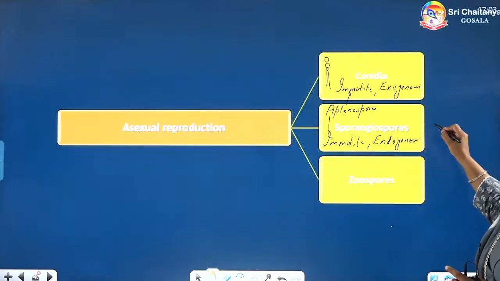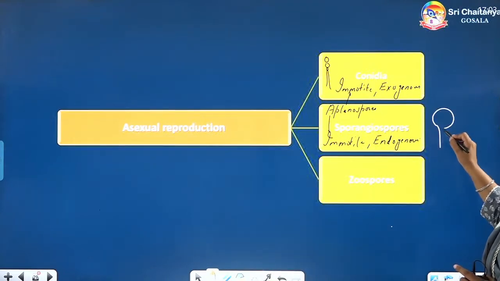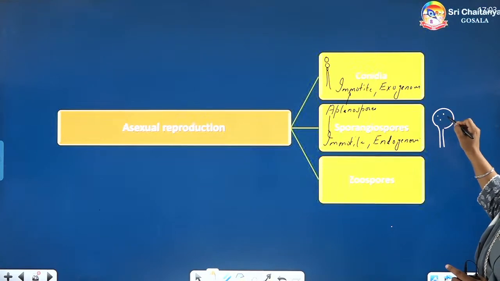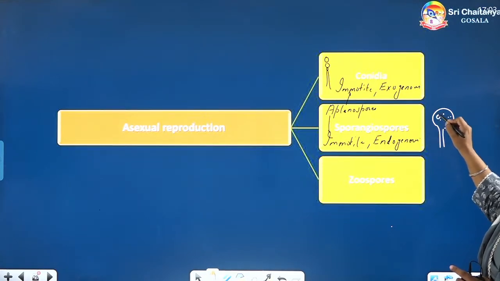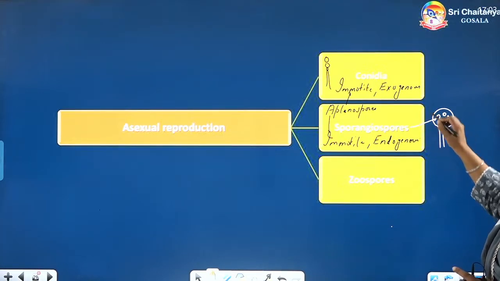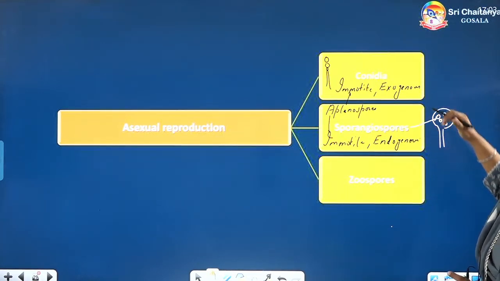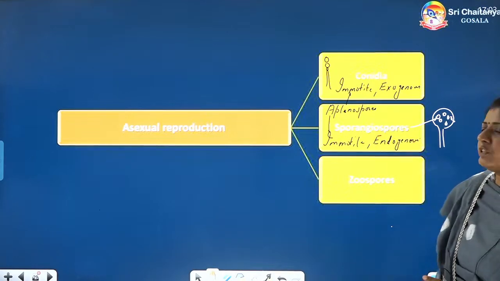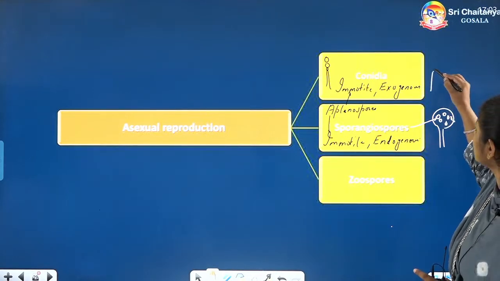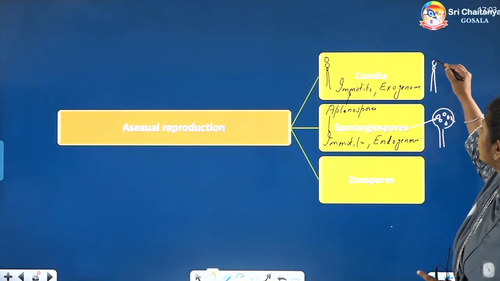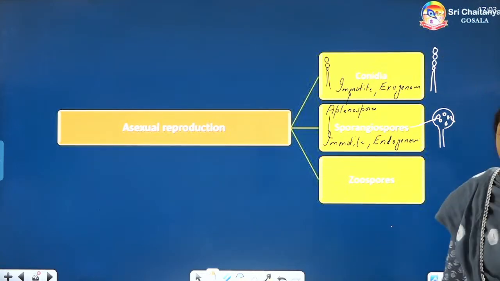It is enclosed inside some structure like this, and spores are forming inside it. Can you see these are the spores formed? These spores are called sporangiospores, enclosed inside some structure, right? Conidia are not enclosed; the conidia are outside like this, right?